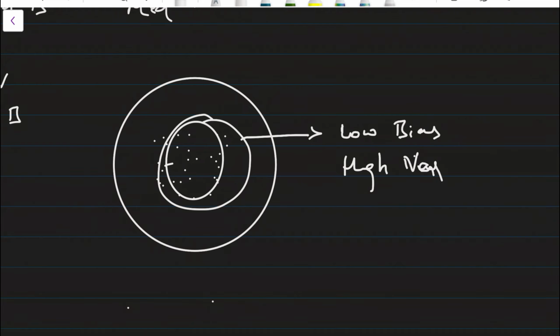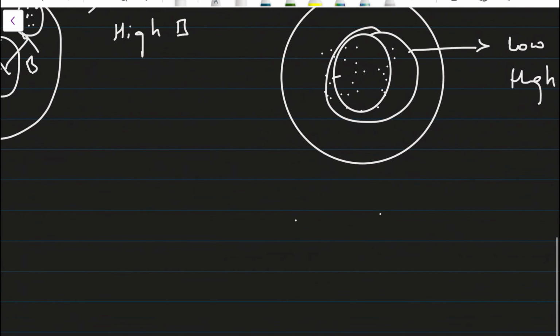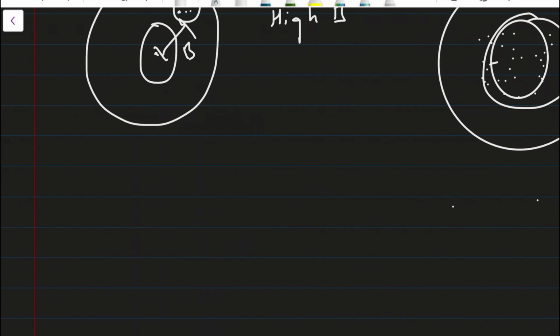So we need to find a spot where the bias is low and the variance is low, which is impossible, so we need to find a spot where the bias is medium and the variance is medium.